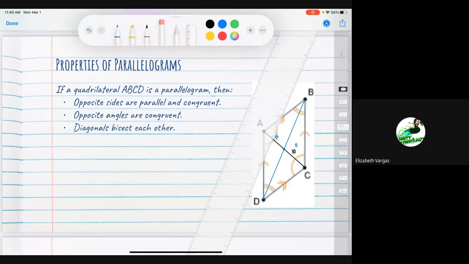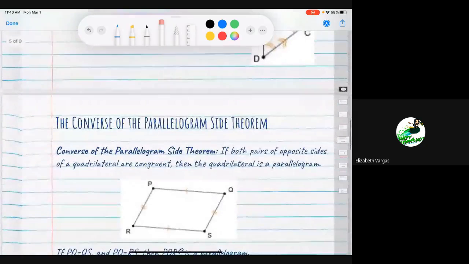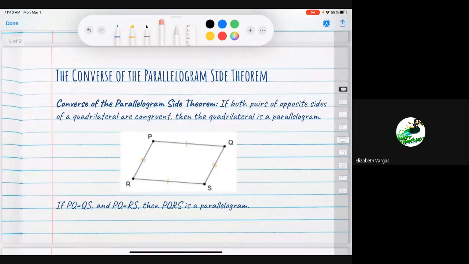No? And then these are very similar, and these are where we get the different theorems that we saw on Wednesday. So basically, whenever we're trying to prove a quadrilateral is a parallelogram, what we're going to do is use the converse.